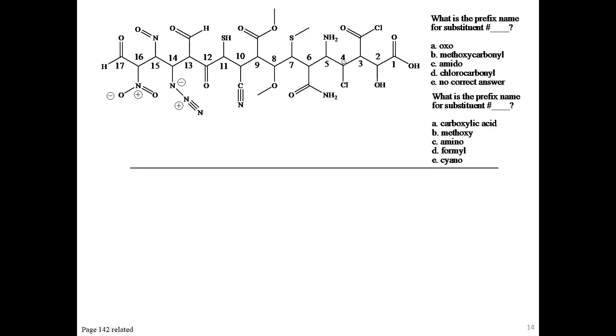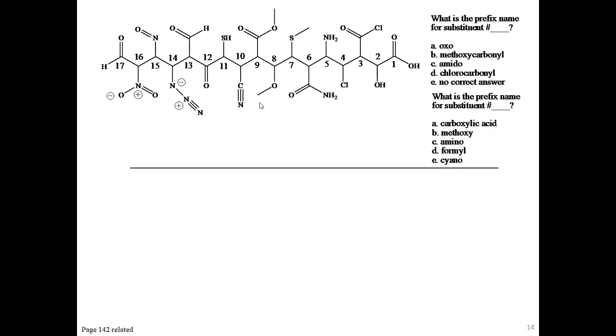So now, do you know these functional groups as we go down? I'm going to go through them pretty quickly, just to save time, and then I have the answers down below. So 2-hydroxy, 3-chlorocarbonyl, 4-chloro, 5-amino, 6-amido, 7, this is a methyl group, methylthio. It's a thioether or sulfide.